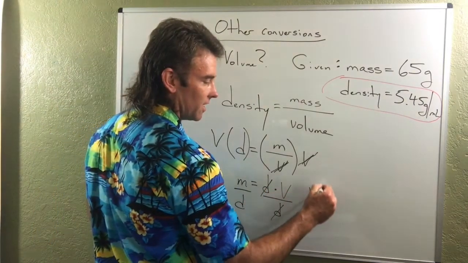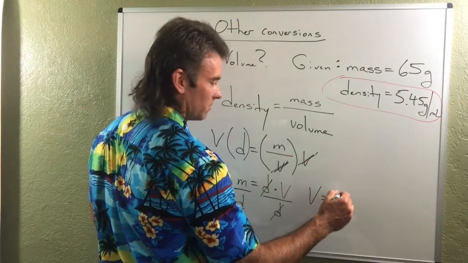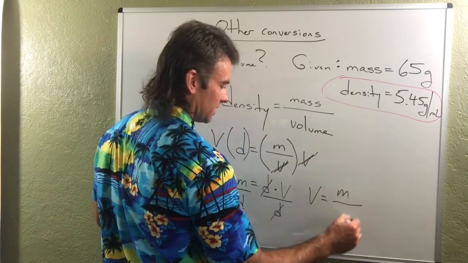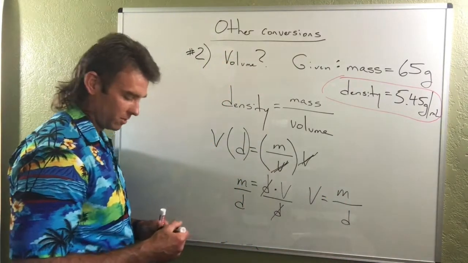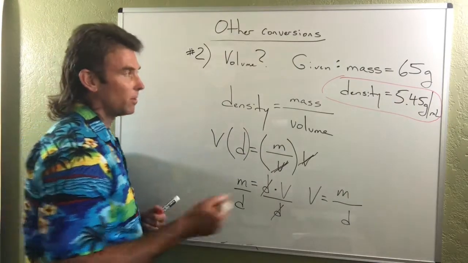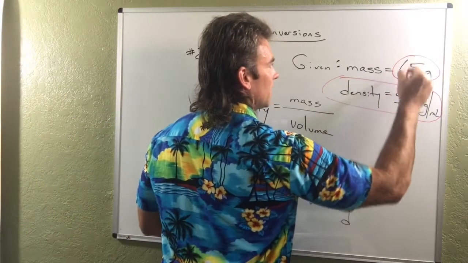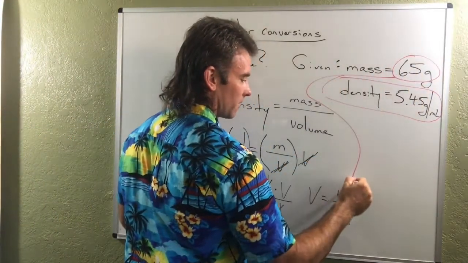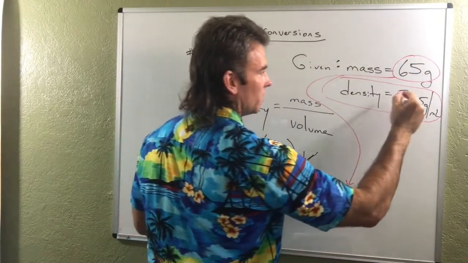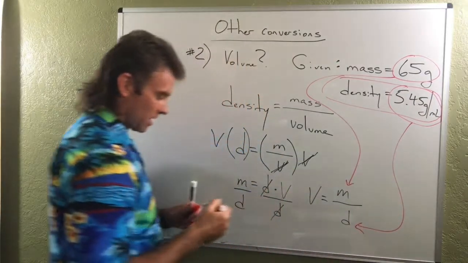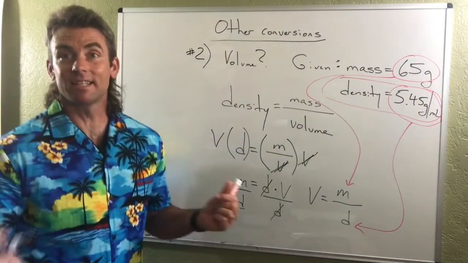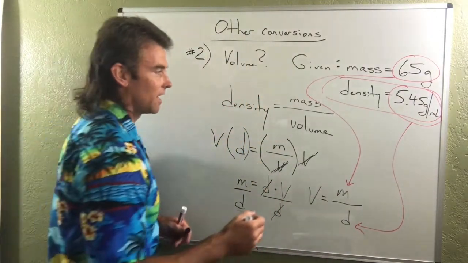And so what you'll end up with is the fact that volume is equal to whatever the mass is divided by the density. And then, of course, what you'd do is plug in the 65 grams right here, and plug in your density right down here. You'd calculate it to be the exact same number that we ended up with last time.